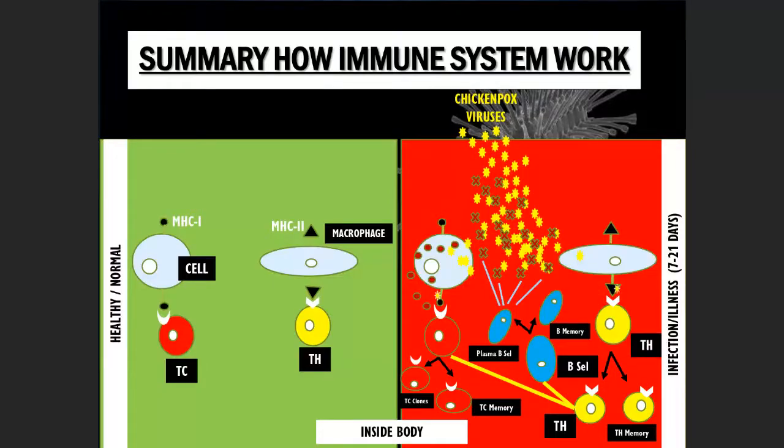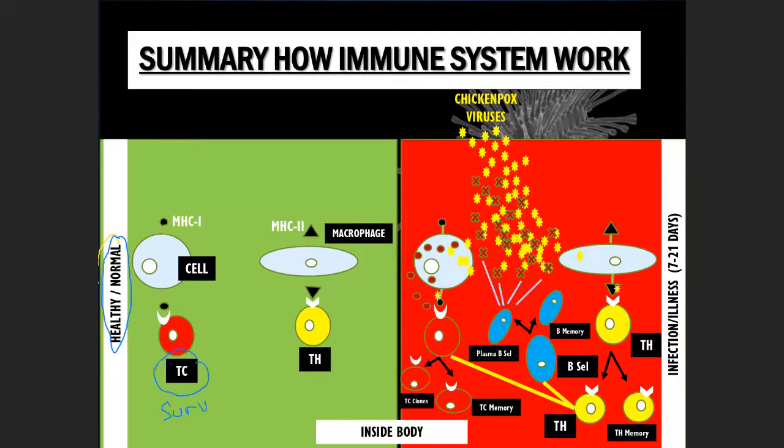Now, this is just a summary example of how the immune system works. This is during normal healthy cell condition. Okay, remember the TC will always survey.